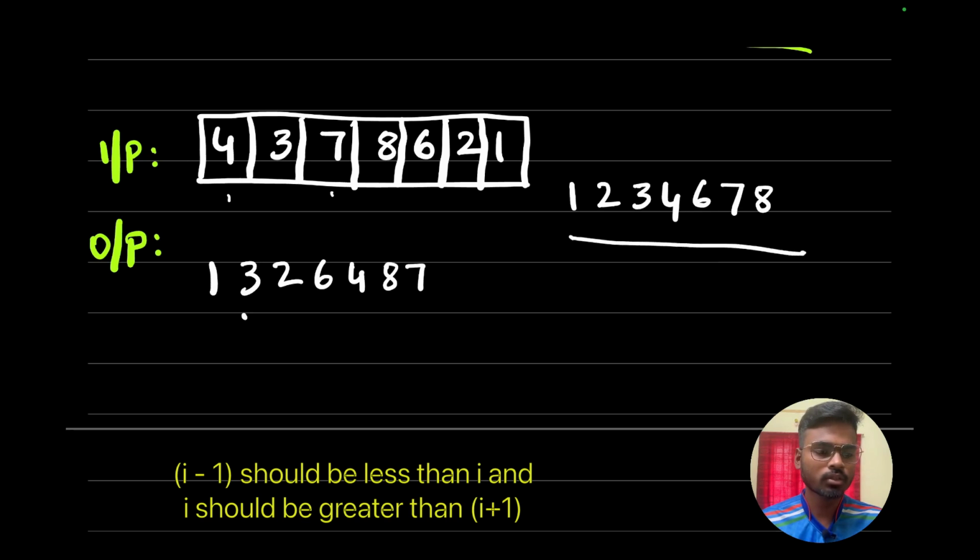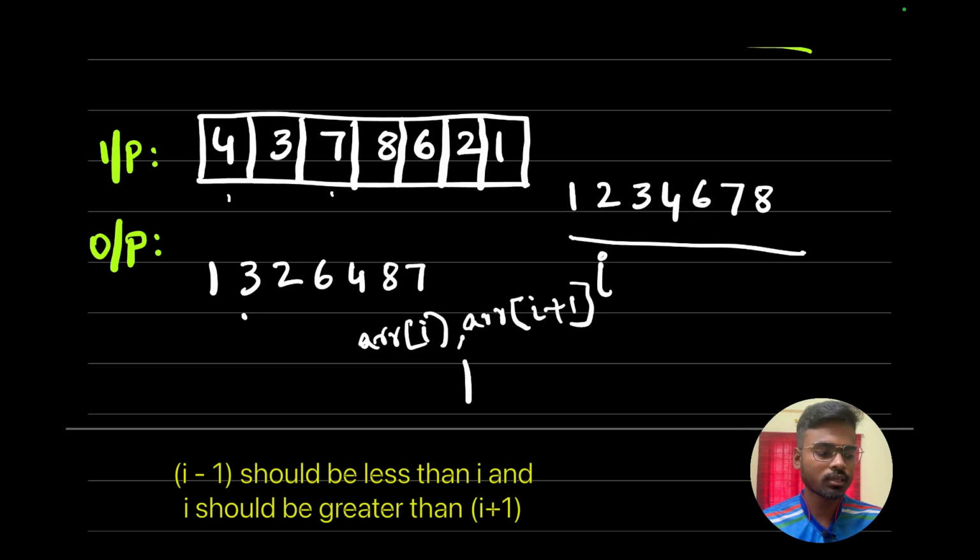The next part of the solution is to start the iteration from the first index of the array. You exclude the first element because it is already in its correct position. Starting from the first index, you keep swapping array of I and array of I plus 1.